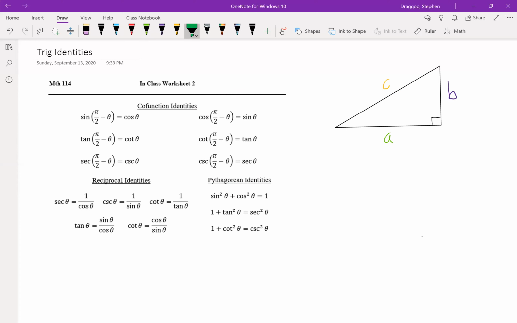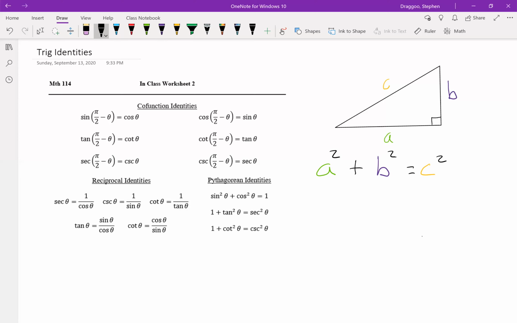Next, let's talk about the Pythagorean identities. So it probably comes as no surprise that each of these identities come from the Pythagorean Theorem. So if we take a look at our right triangle again and set up that Pythagorean Theorem, we should have a squared plus b squared is equal to c squared.